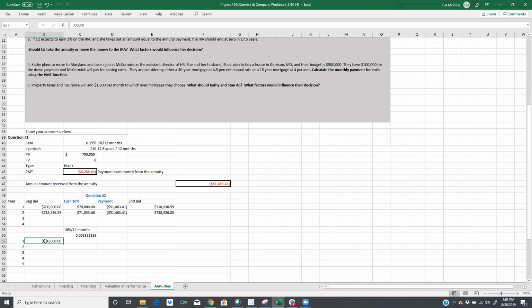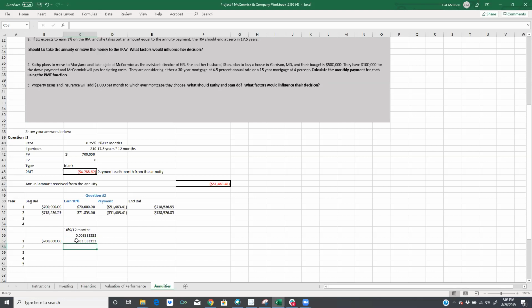Okay, so what we're going to do is take the 700,000 times the rate. And I'm going to do 2 things. One is I'm going to anchor my rate so that when I copy it down, every period goes to this rate. So I'm going to put a $ sign in front of the C for the column and a $ sign in front of 56 for the row.